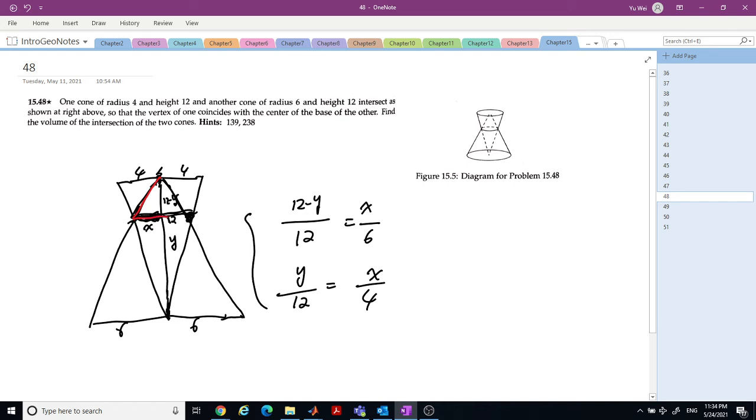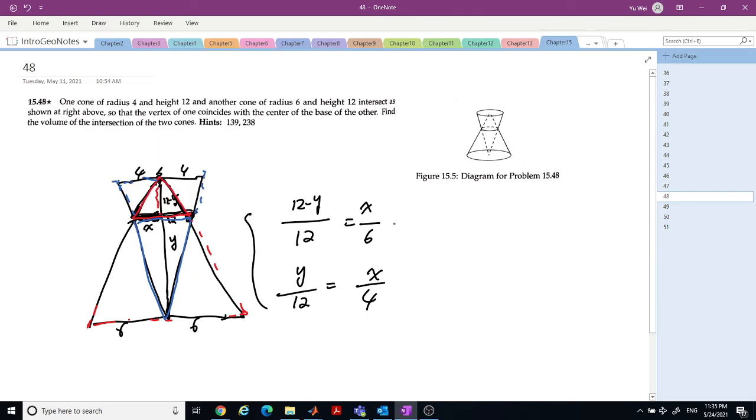You can see this triangle is similar to this big triangle, right? So that's why half of the diameter is x, x over 6 is equal to 12 minus y over 12. The other similar triangle is this one, similar to this big triangle. That's why you have y over 12 equals x over 4.